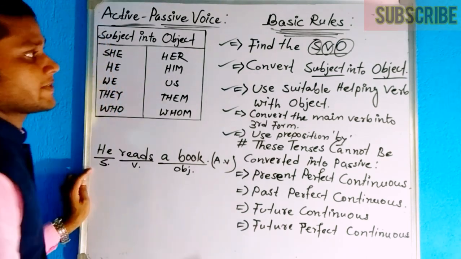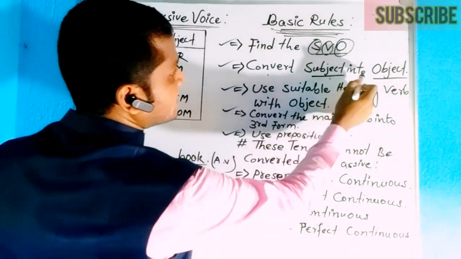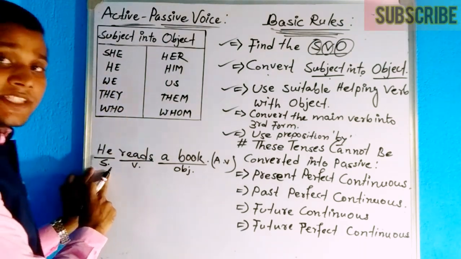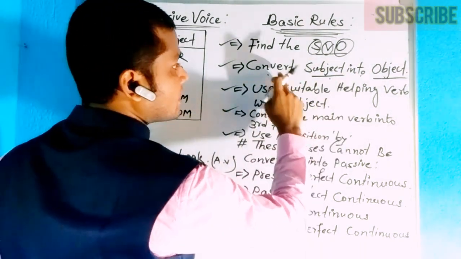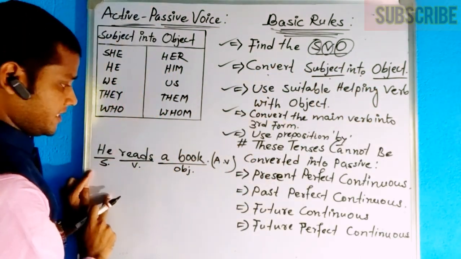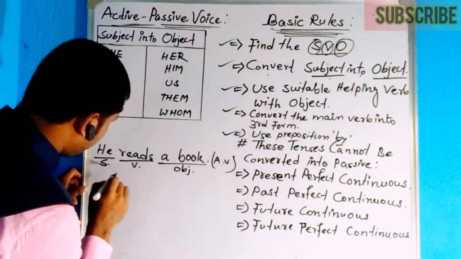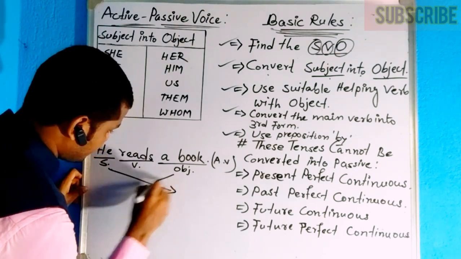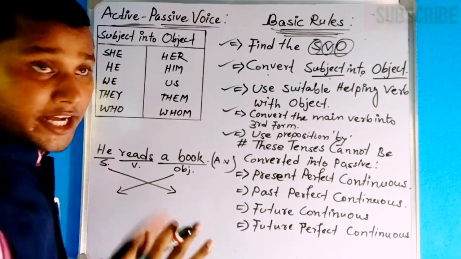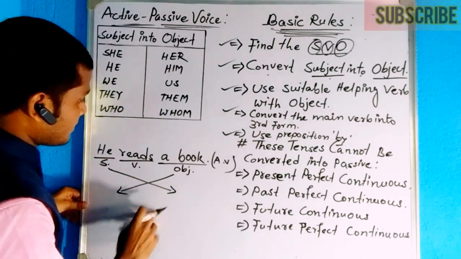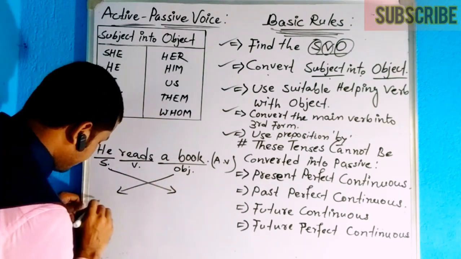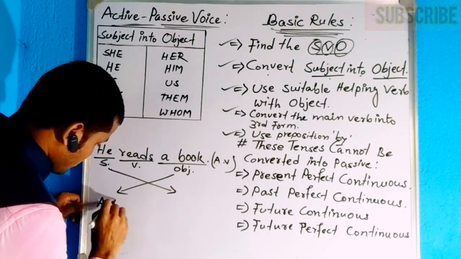Now see, convert the subject into object. So here the subject will be converted into object, and the object will be converted into subject. See, the transformation is happening here. So what is the object here? A book.